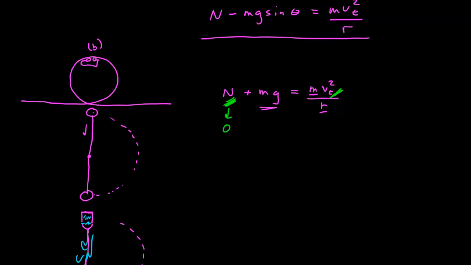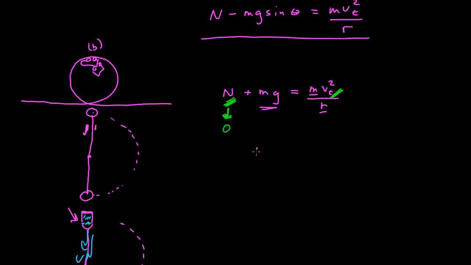And what does that correspond to? Well, that corresponds to, of course, the car leaving the track, or the tension going to zero means the string goes slack, or the normal force going to zero means the water is no longer in contact with the bottom of the bucket, meaning it falls out. So the minimum speed such that the car makes it around the track is the same as saying the normal force at the top of the track goes to zero.